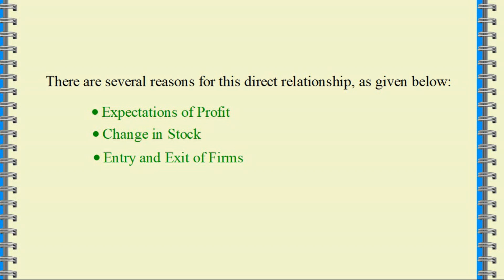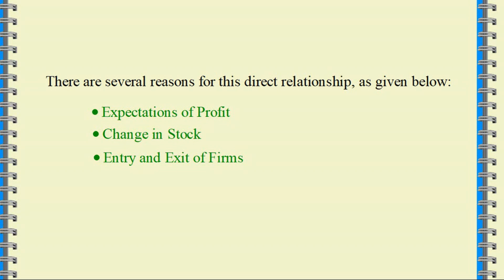Entry and exit of firms. Due to the rise in price of the commodity, the profit expectation will become very high. New firms enter into the market and add to the supply of the commodity. On the other hand, if there is a decline in price or when there is loss, inefficient firms withdraw from the market and stop producing the commodity.